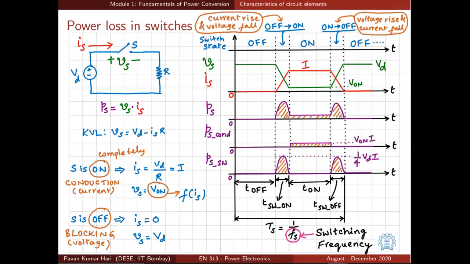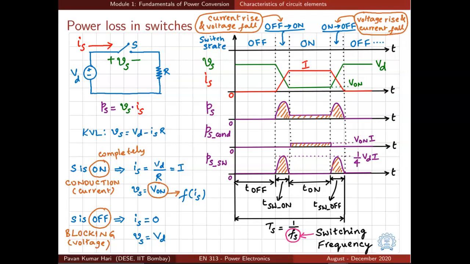T off, where the switch is completely off, then TSW on, the turn on transition interval, where the transition from off state to on state is happening, then T on, the time interval for which the switch is completely on, and then the turn off transition interval, denoted by TSW off here.